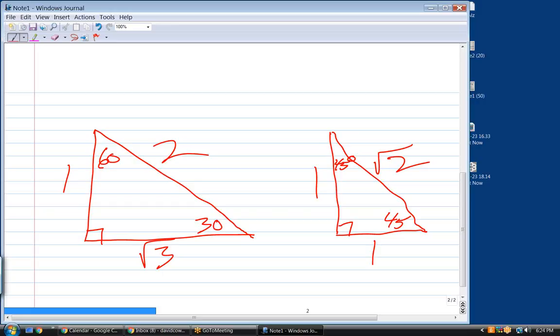And even more importantly, calculus uses trig in unbelievable ways. Who would have thought? Because calculus doesn't really have a whole lot to do with trig, but it uses the trig identities and stuff to be able to do integrals, advanced mathematics.